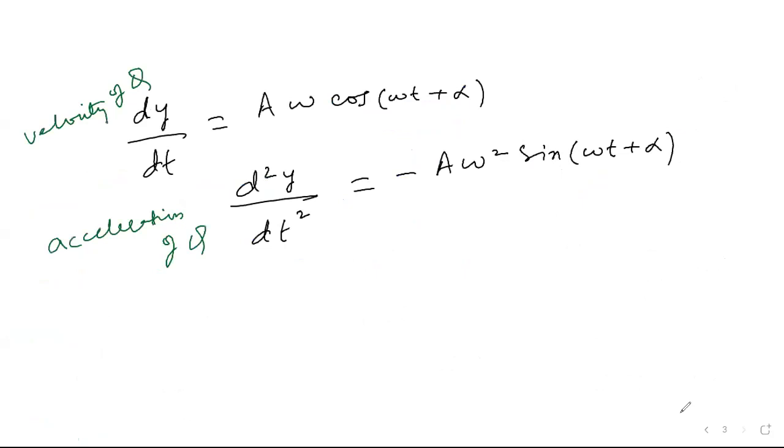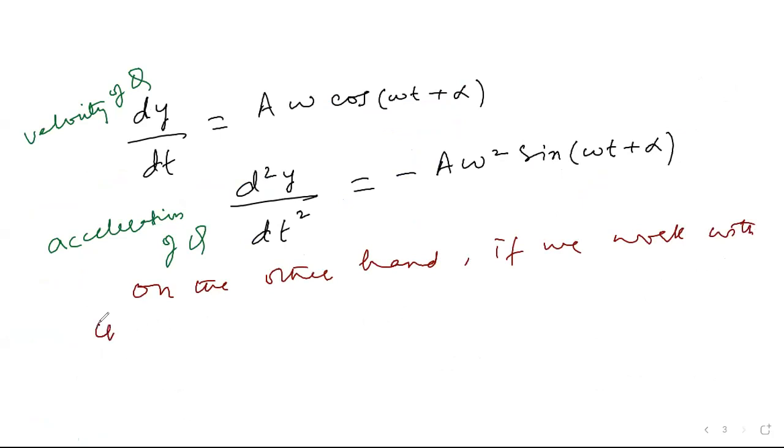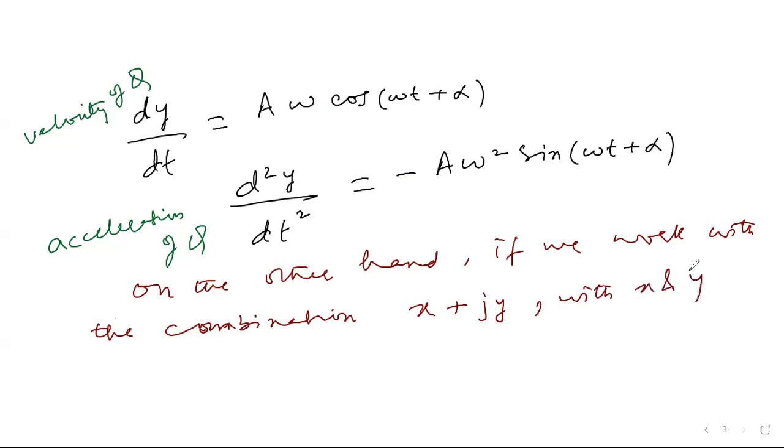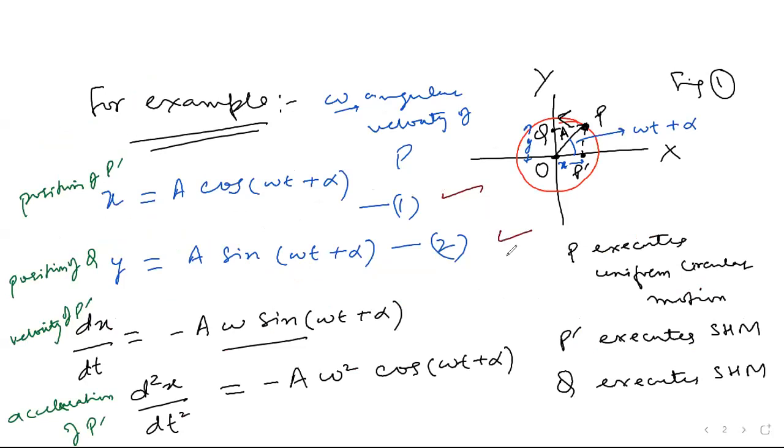On the other hand, if we work with the combination x plus jy, with x and y as given by equations 1 and 2. 1 is this, 2 is this.